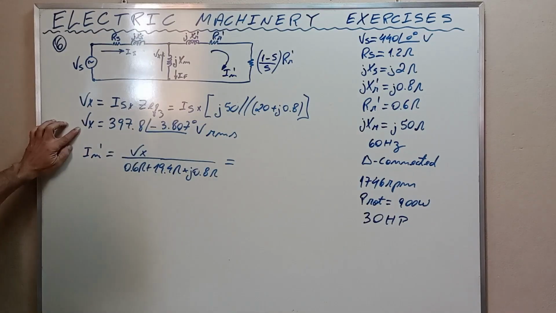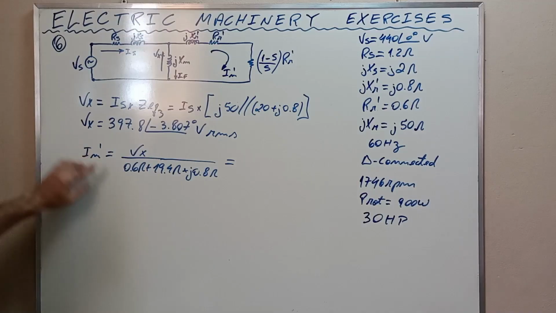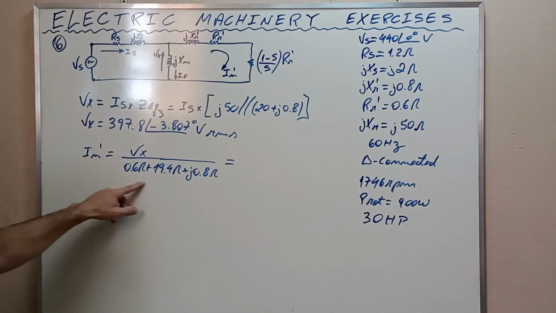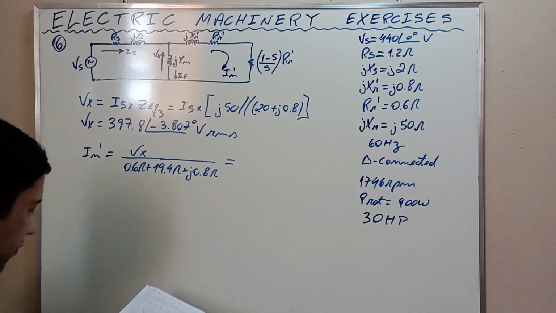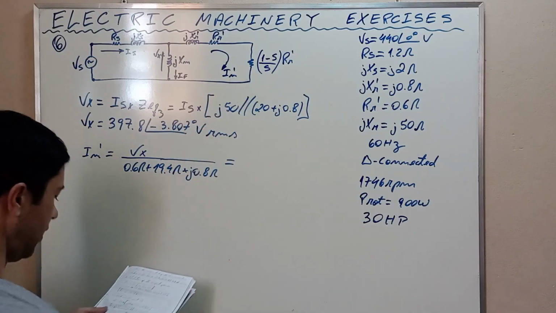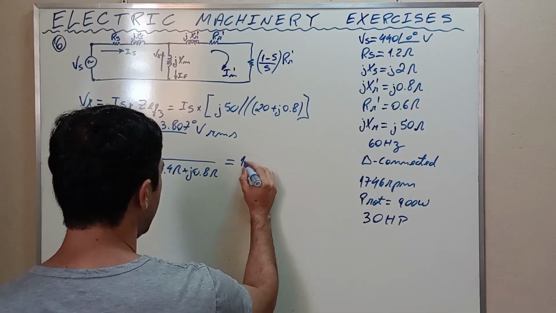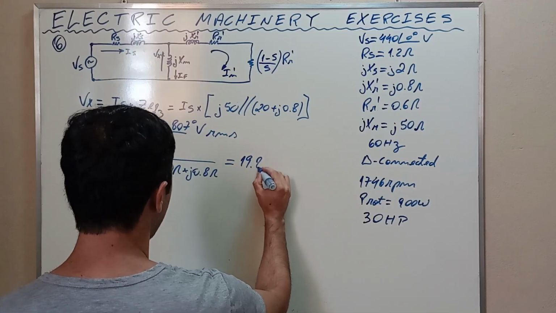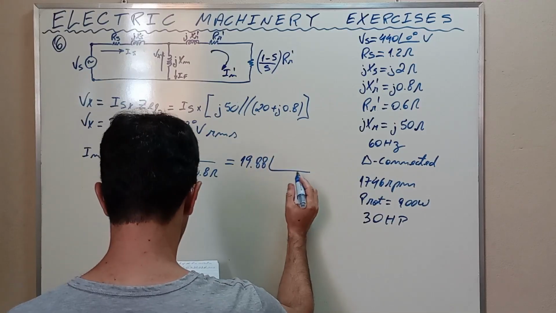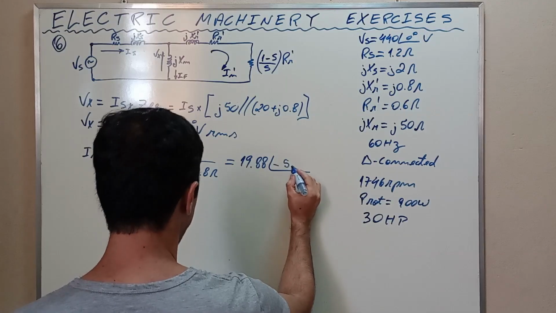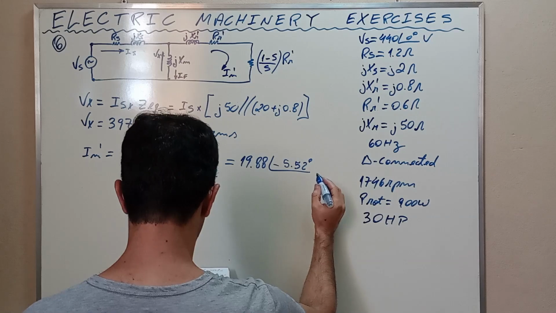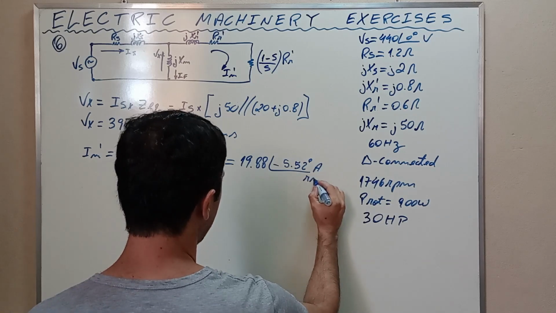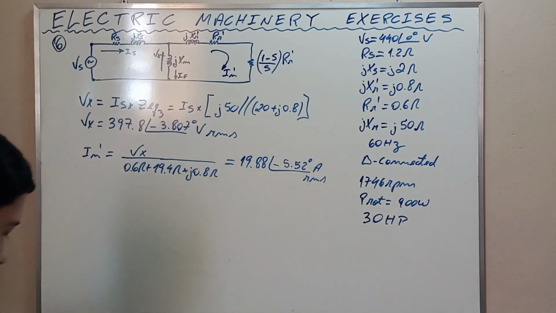We just calculated the value of Vx, we put the value of Vx and divide by this. It's simple mathematics, and we find that the value of this current is equal to 19.88 in the phase negative 5.52 degrees amps RMS.